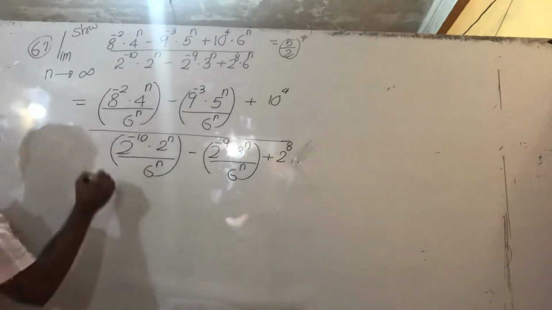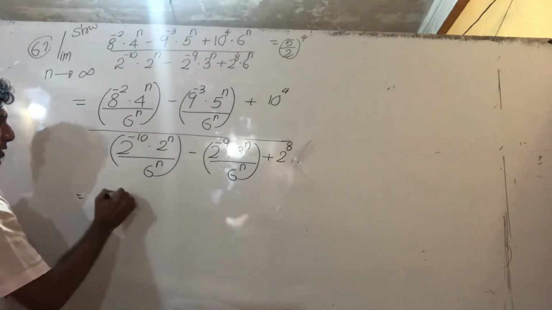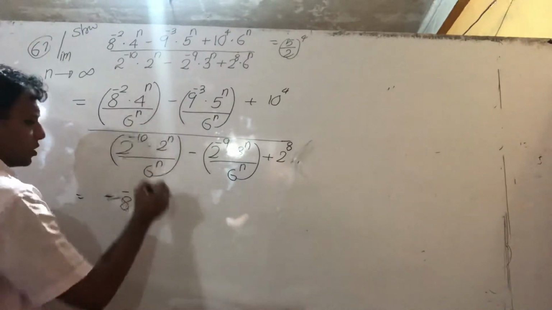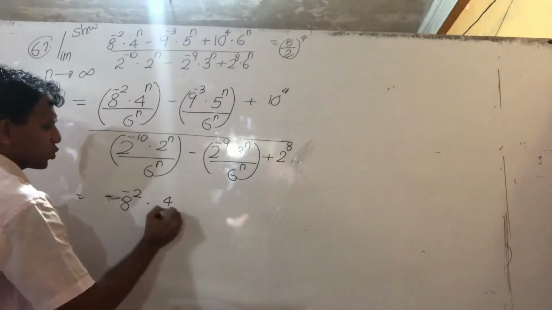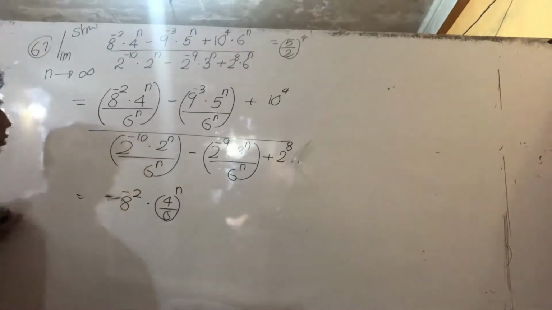Now see this one, 8 to the power minus 2. Can I take this as 4 over 6 completely to the power n?